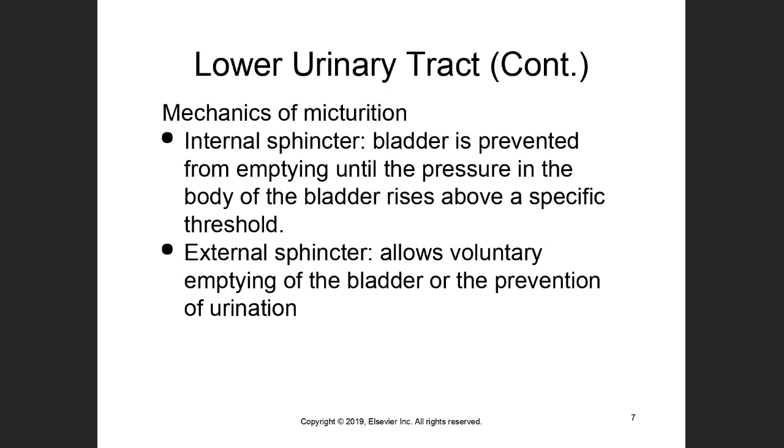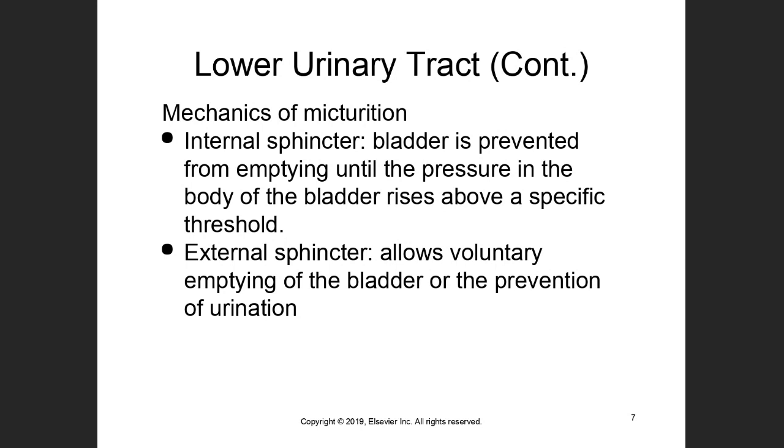Because the only one that you can control voluntarily is the external sphincter, okay? Using the internal sphincter, the bladder is prevented from emptying until the pressure in the body of the bladder rises above a specific threshold. Threshold is when you send the signal, okay? That hello, the bladder is full, we have to release this.